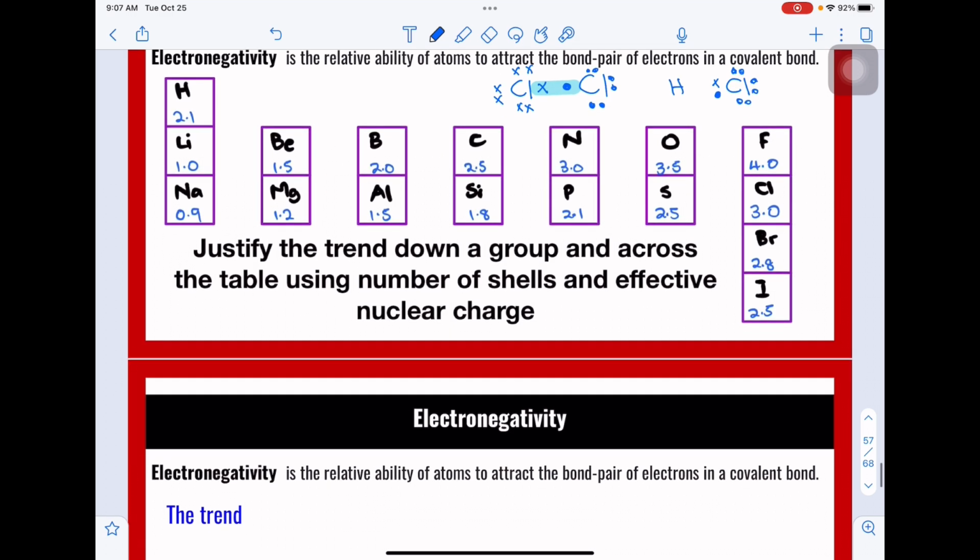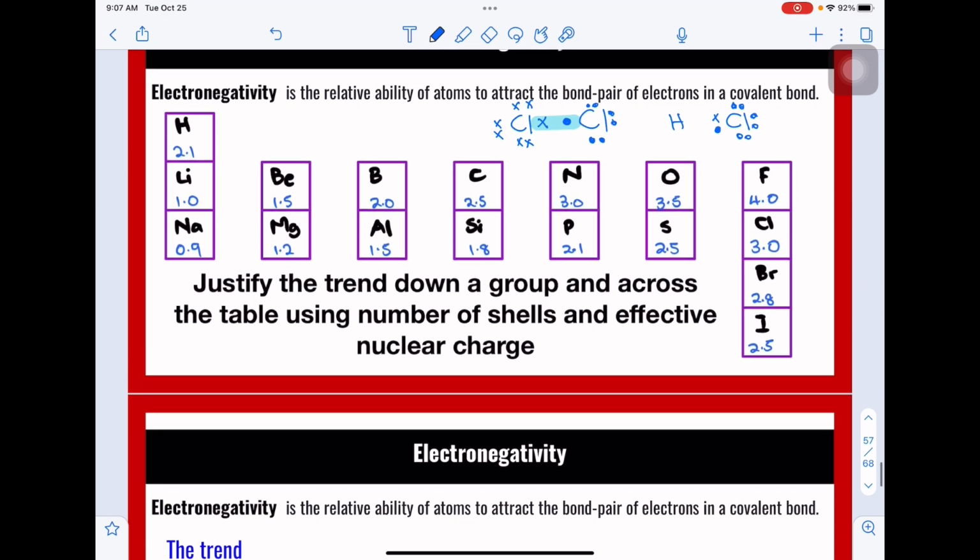We have an electronegativity scale called the Pauling scale, and there are some values that you can see. This can be found in the data booklet as well. So the higher the number, the more electronegative something is. And as you can see here, fluorine is the most electronegative element, and then chlorine is a little bit less, and bromine less, and iodine is the smallest. You can see the trend as you go down a group.